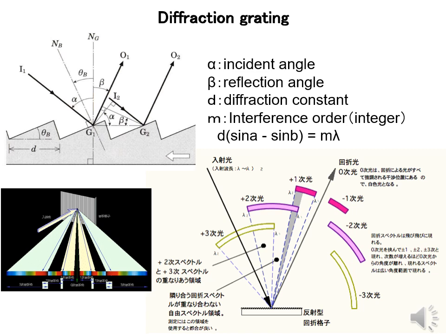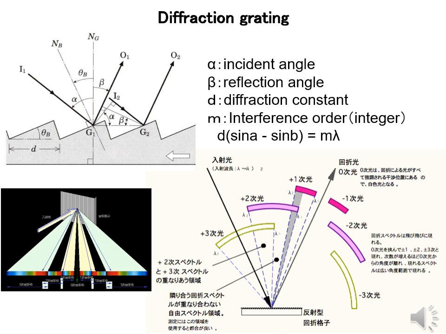As the interference order m changes from -3 to 3, the -3rd, -2nd, -1st, 0th, +1st, +2nd, and +3rd order light is reflected in order from the right. Then, light of long wavelength to short wavelength is reflected from the side closer to the 0th order light to the side farther from it.